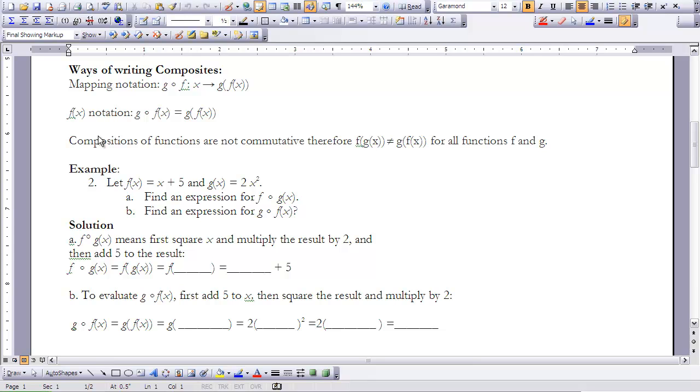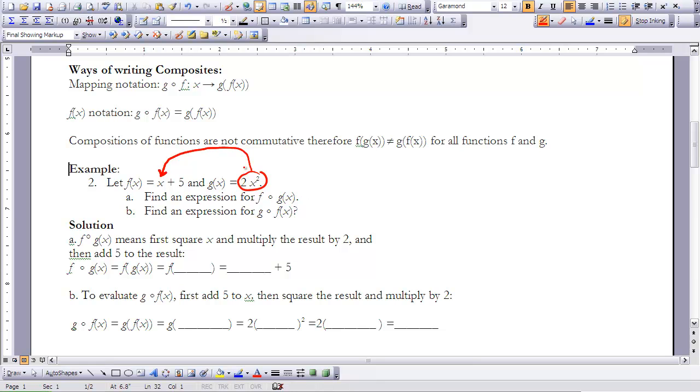We're going to let f of x equal x plus 5, and we're going to let g of x equal 2x squared. Let's take a look at this. We're going to find an expression for f following g of x. What that means is we're going to start with our function g of x first. So this is our g of x function, and we're going to insert that into our f of x.